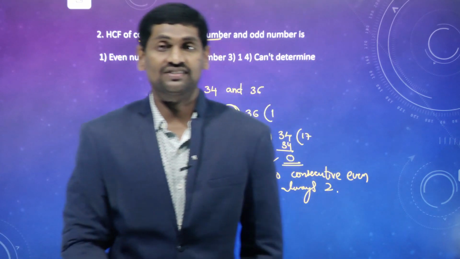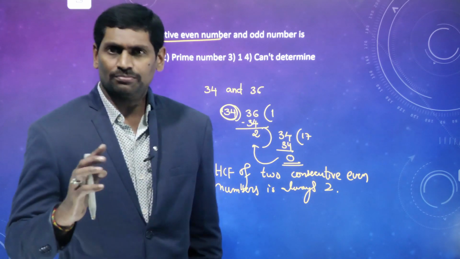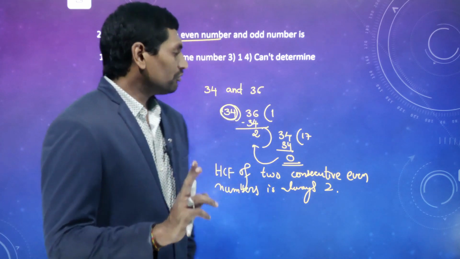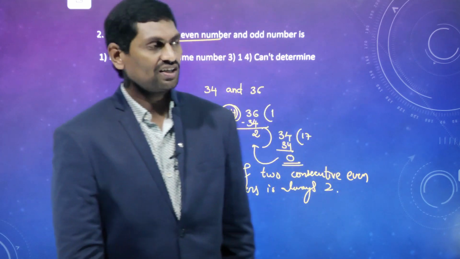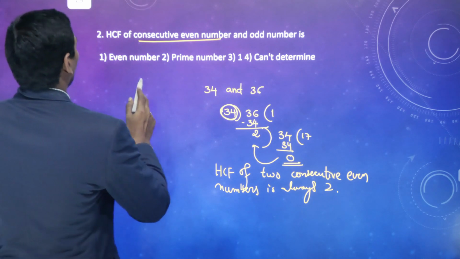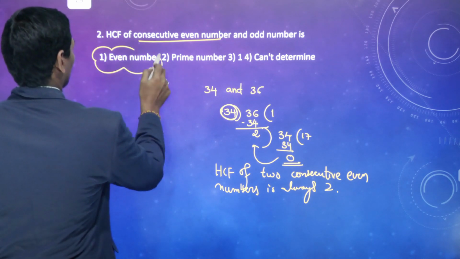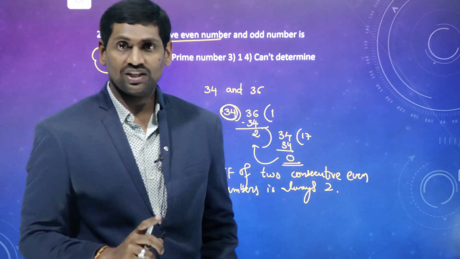We can call it the continued division method, or we can use the prime factorization method also, or else we can find all the factors of 34 and all the factors of 36 and find the highest common factor among them. So this is the second question and the answer is option 1, even number. So let us move on to the next problem.